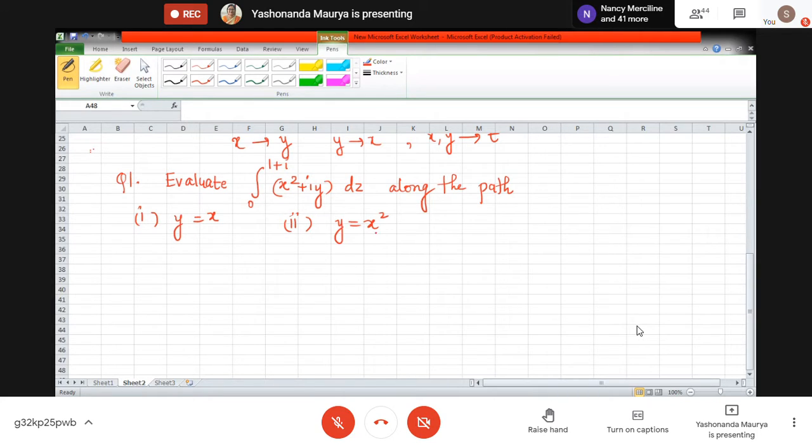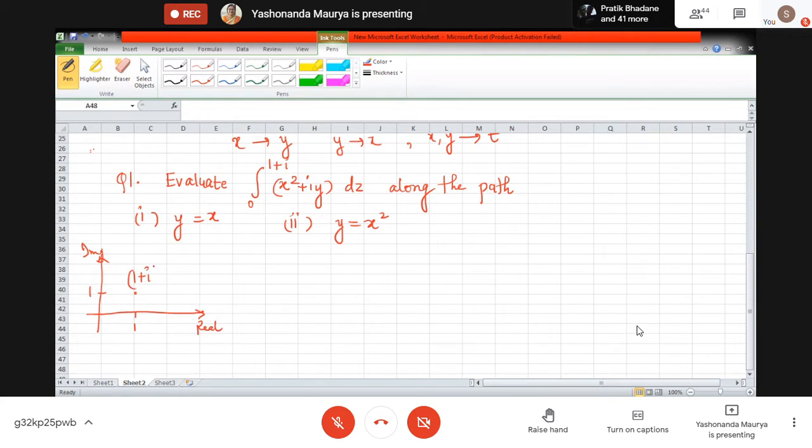These are the two paths that are given. Suppose this is the real axis, this is the imaginary axis, and this is the point 1 plus i.